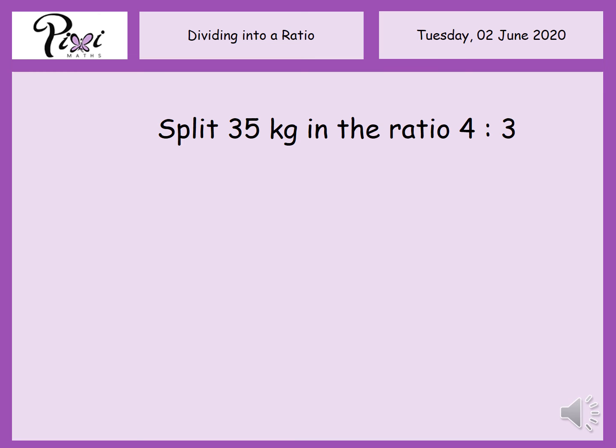So we're going to split 35 kilograms in the ratio 4 to 3. So the first step is to work out how many parts we have in total. So step 1, how many parts? So we've got 4 parts and we've got 3 parts, so that is 7 parts altogether.